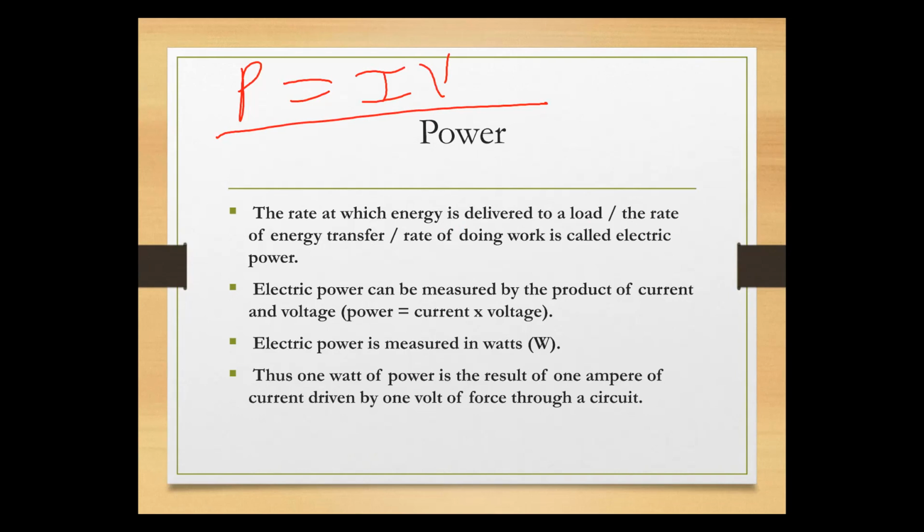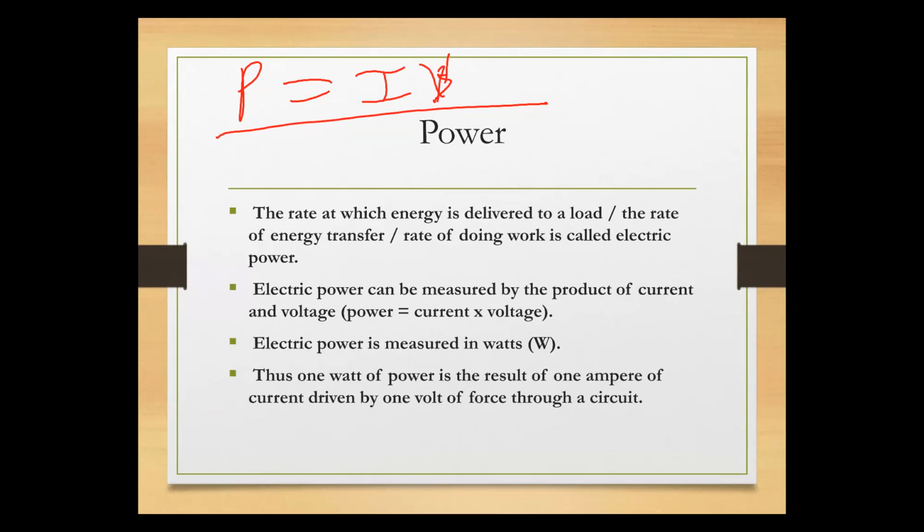If you do not practice, if you do not follow the notes, you will never get them. But if you practice and follow the notes, then you will get them. So that's what is happening here. Electrical power can be measured by the product of current and voltage. Mathematically, that's how it's written. P is equal to IV.